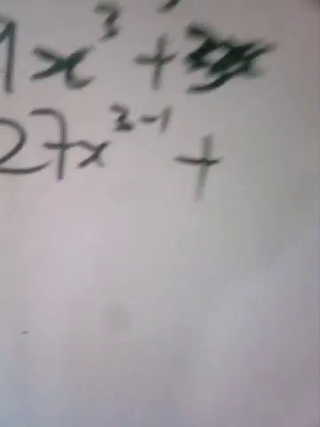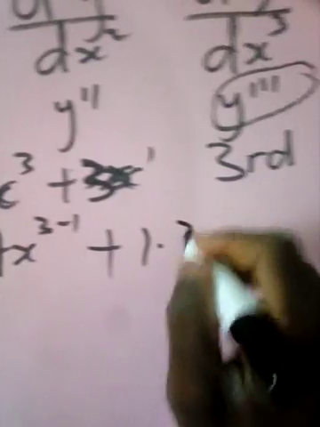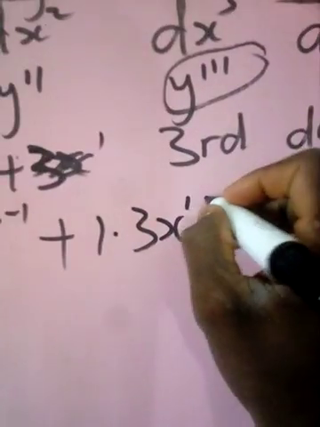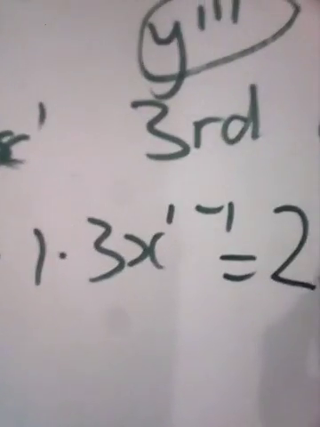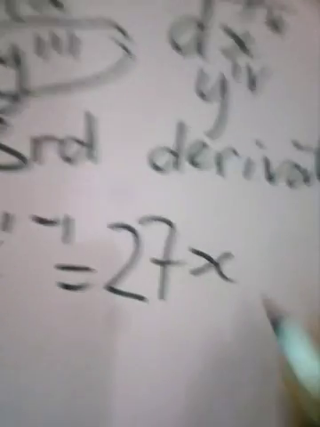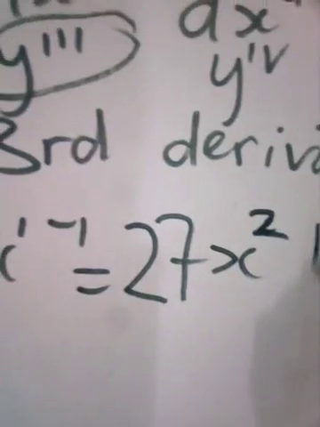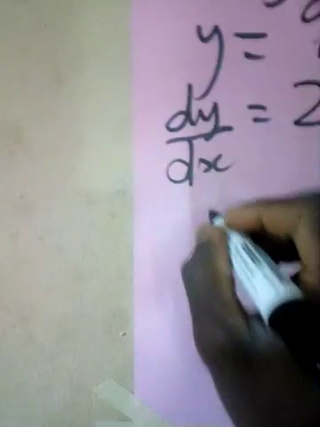Plus, the power here is 1, so when the power comes down I get 1 times 3, x to the power 1 minus 1. This is my dy/dx, so this gives me 27x to the power 3 minus 1, which is 2, plus 1 times 3 is 3, x raised to power 0 is equal to 1, so this is 3 times 1, that is just 3. So that's the first derivative.